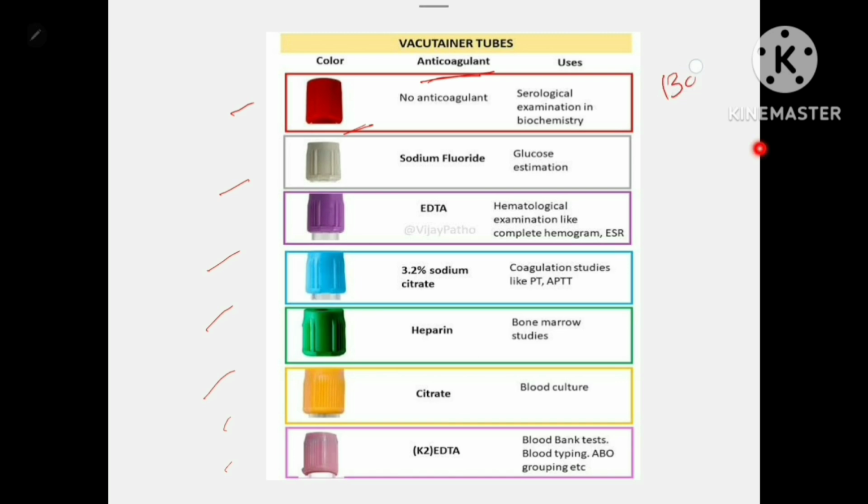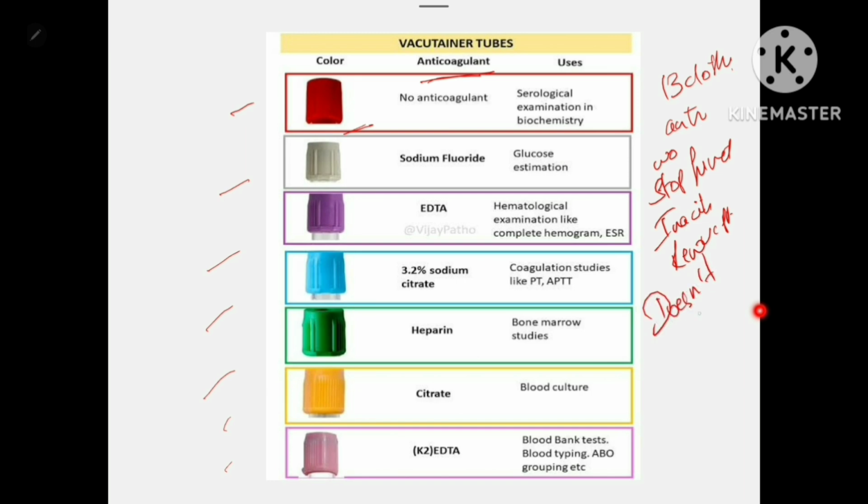So as we know, there are 13 clotting factors, in which the anticoagulants will work on one or other factor. So this will usually stop the function, inactivate, or remove it by precipitation. So basically the blood sample you are sending does not clot.